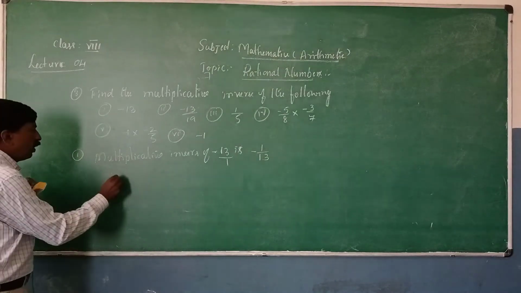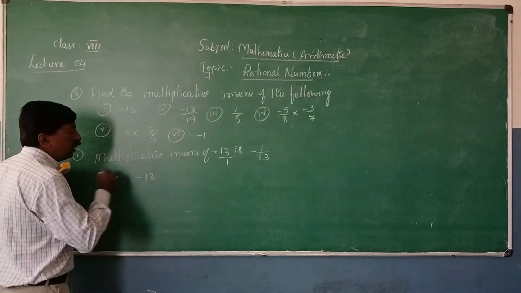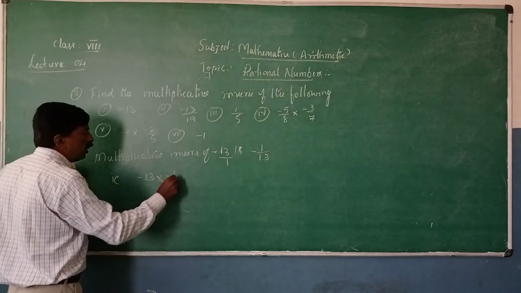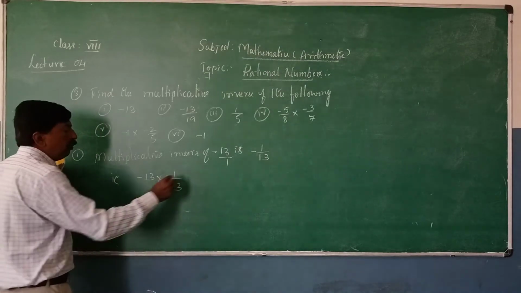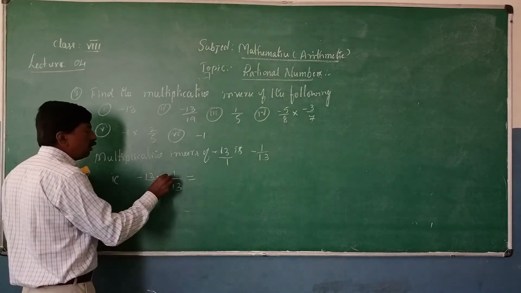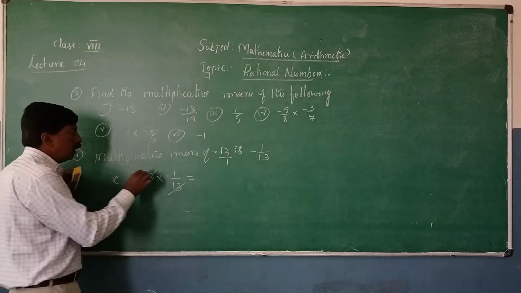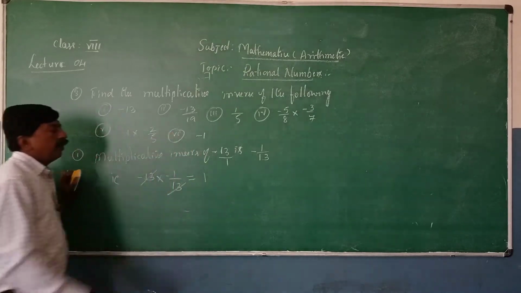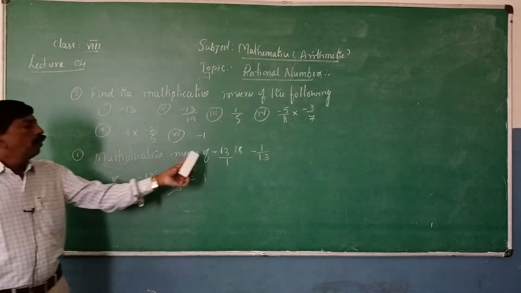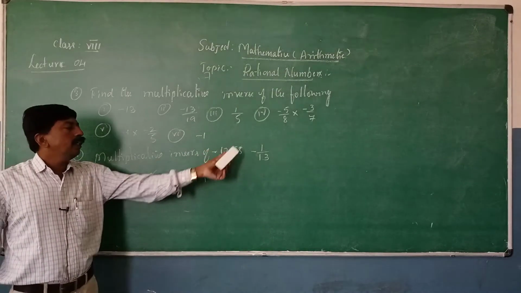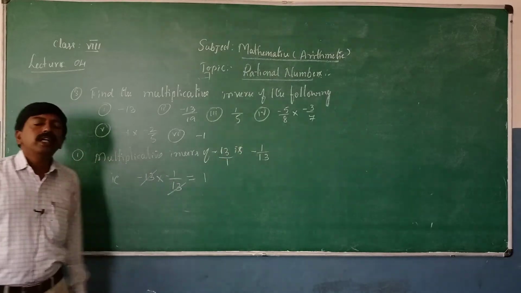That is, minus 13 into minus 1 by 13. Simplify these two. Minus into minus is plus, 13 ones are cancelled, 1 into 1 is 1. So the inverse of minus 13 is minus 1 by 13.